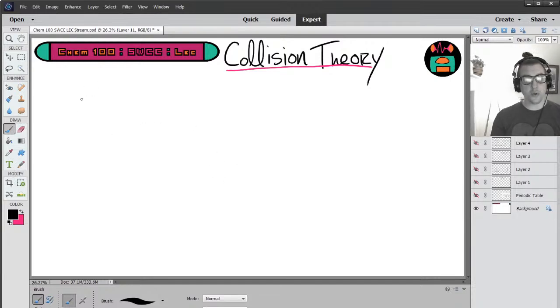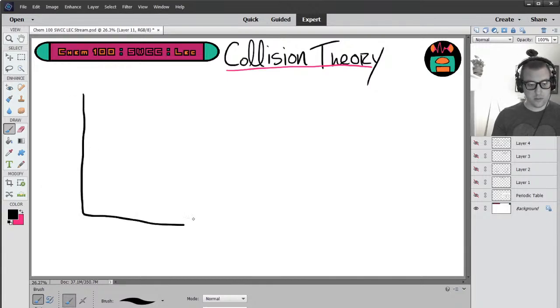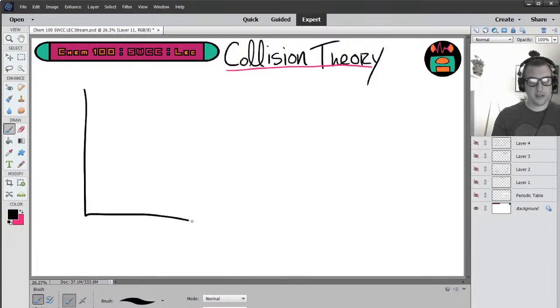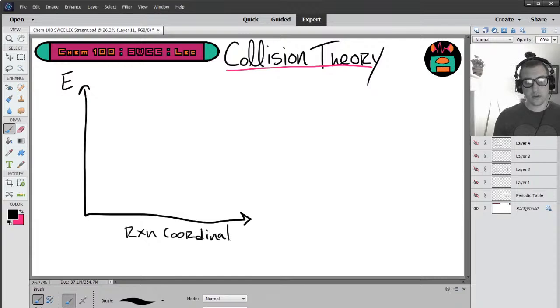All right? Now, if we were to graph this, so, oops, that's ugly. That's better. So I'm going to put energy on my y-axis. On my x-axis, I'm going to put something called the reaction coordinate. One way you can think of it is the reaction coordinate is kind of like time.